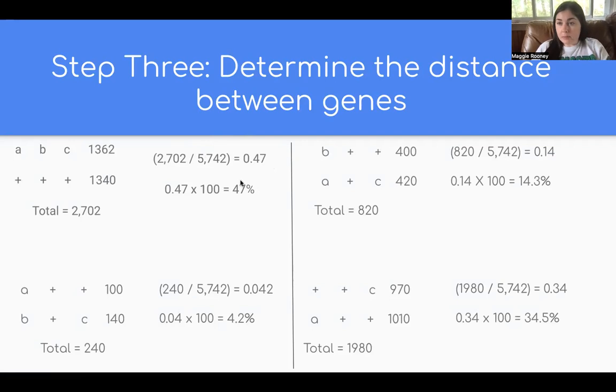But we want to view that as a percent. So we're going to multiply it by 100 to get 47%. We're going to repeat that process for both of the single crossovers and the double crossover to get percentages of 47%, 4.2%, 34.5%, and 14.3%.